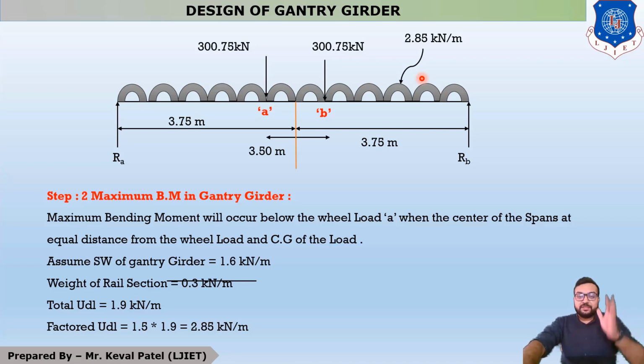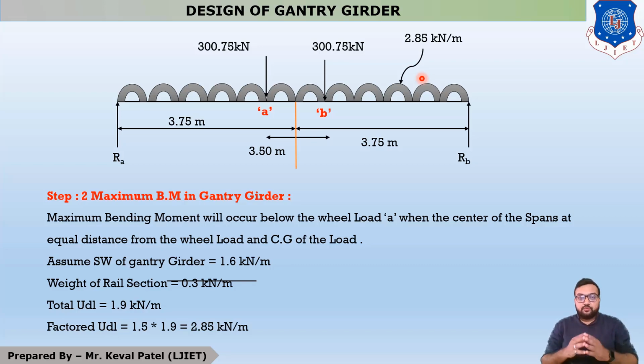So students, in this step, we have to find out the maximum bending moment on the gantry girder with the help of the absolute bending moment method. With this method, one statement is there: the maximum bending moment on a gantry girder is generated at a distance b by 4.